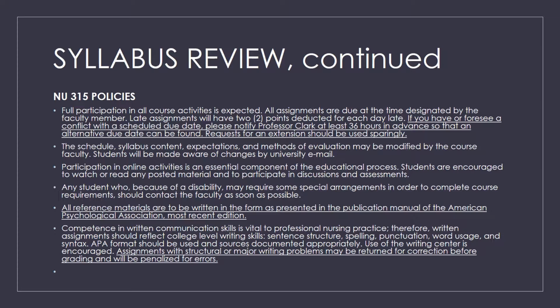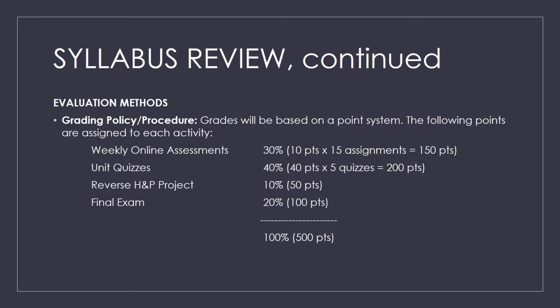All right, so evaluation methods for this course: we use points for your grades this semester. The entire course is out of 500 possible points that are then divided among several different learning activities.